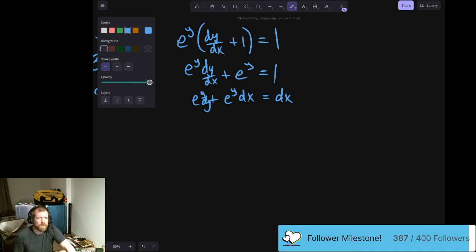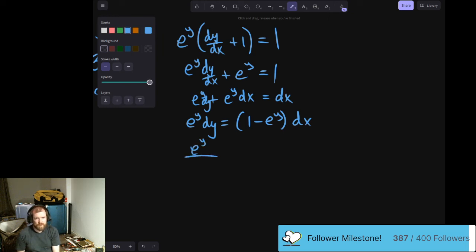Okay, so now we want to combine the dx terms. So this is going to end up being e to the y dy is equal to (1 minus e to the y) dx. And we can divide through by 1 minus e to the y. So this is e to the y over 1 minus e to the y dy is equal to dx.